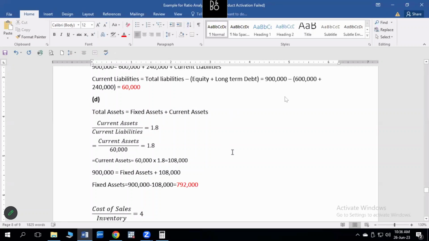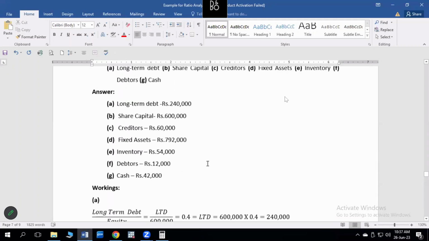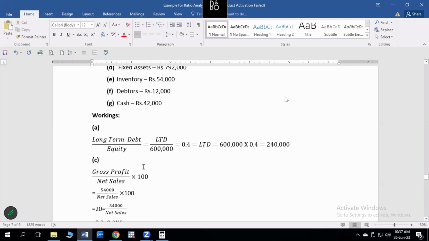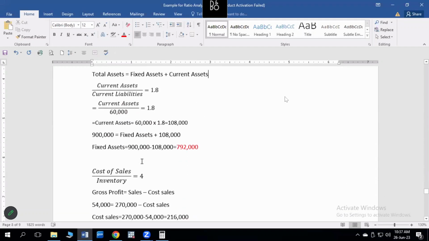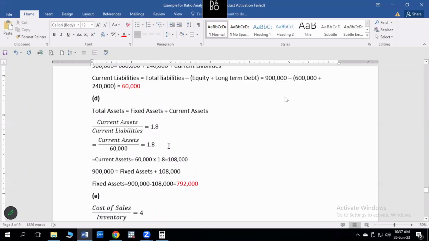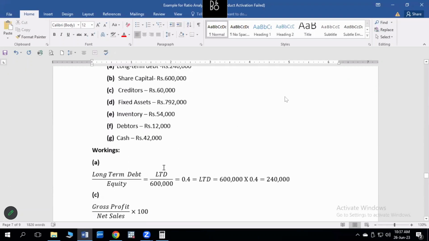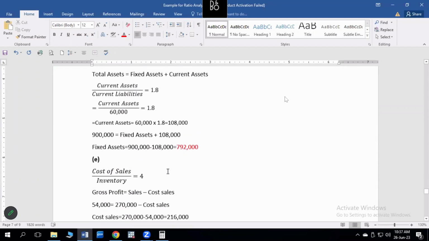So this is one of the methods, but whatever method you can use. After doing some practice, you can do it. Inventory, E. Inventory, from this point. Then what else? F, debtors.